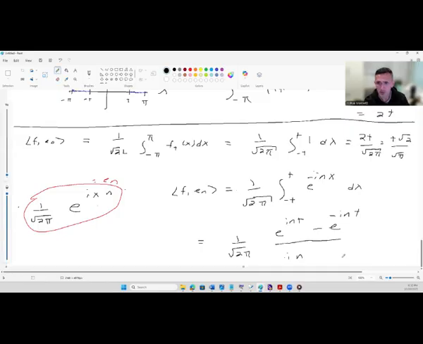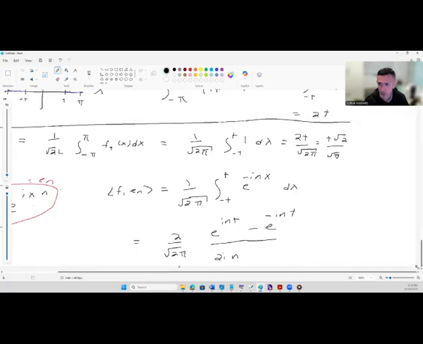All right, so the next thing to do, probably the easiest thing to do, is just multiply and divide by 2. 2 here, 2 here. And lo and behold, this is sine.